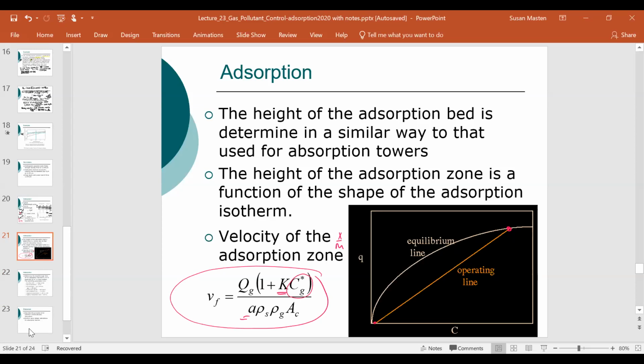This Cg star is the equilibrium partial pressure from the isotherm. We have a density of the solid and gas, so your fluids and your solid media, and the cross-sectional area of the bed.